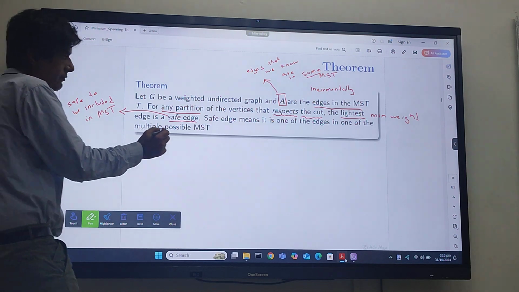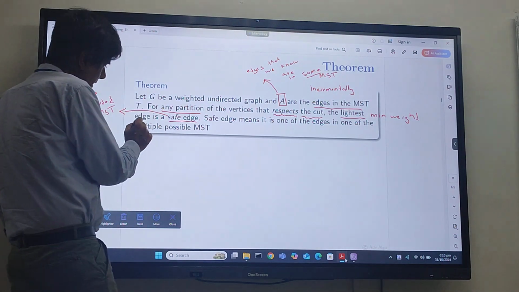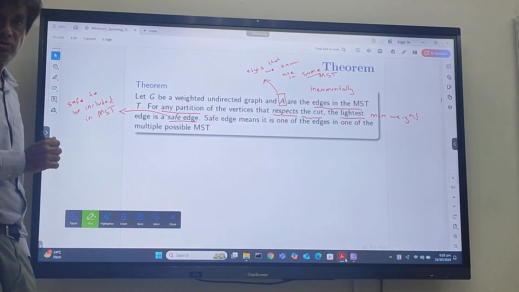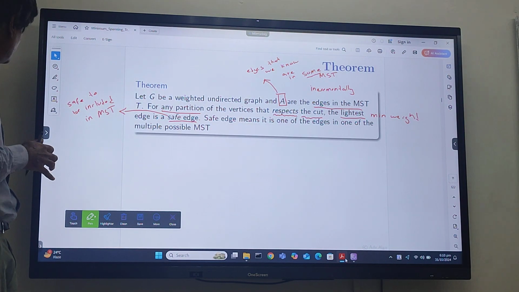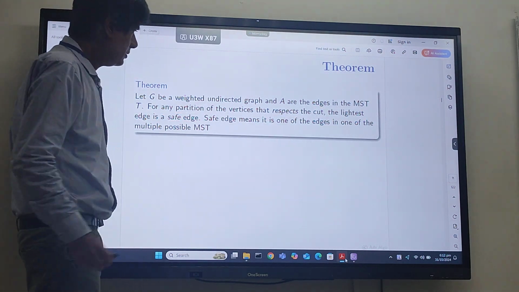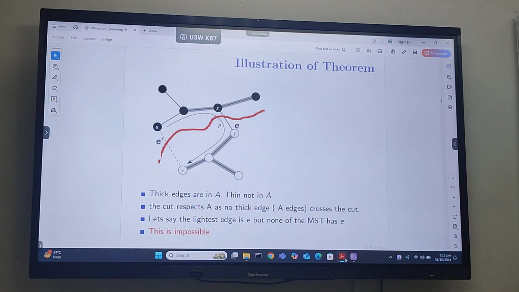At the end, what we'll get is one of the possible MSTs, not a particular MST, but one of the many possible MSTs. Don't worry if it's a bit confusing, I'll try to explain it over here.